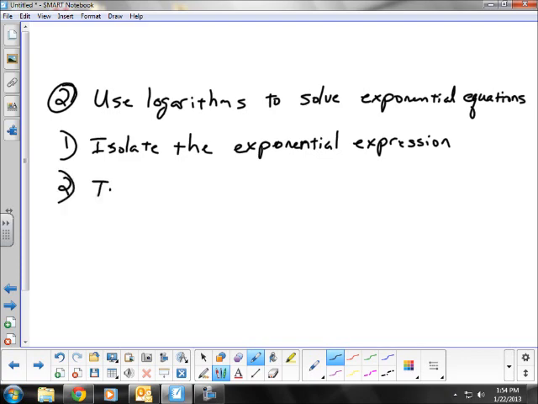Then we're actually going to take the log, and we're going to either use base 10 or we're going to use the ln of both sides of the equation. Then we're going to simplify and solve for x.